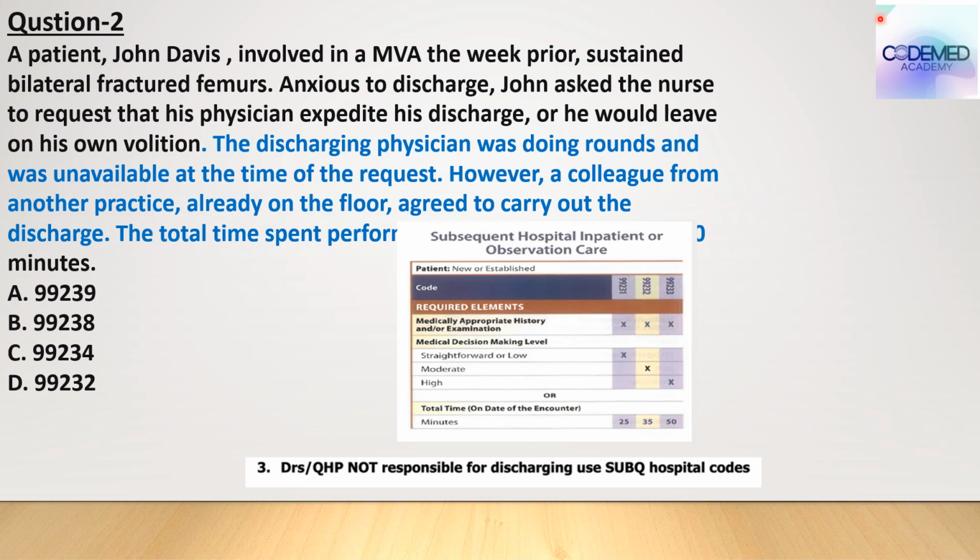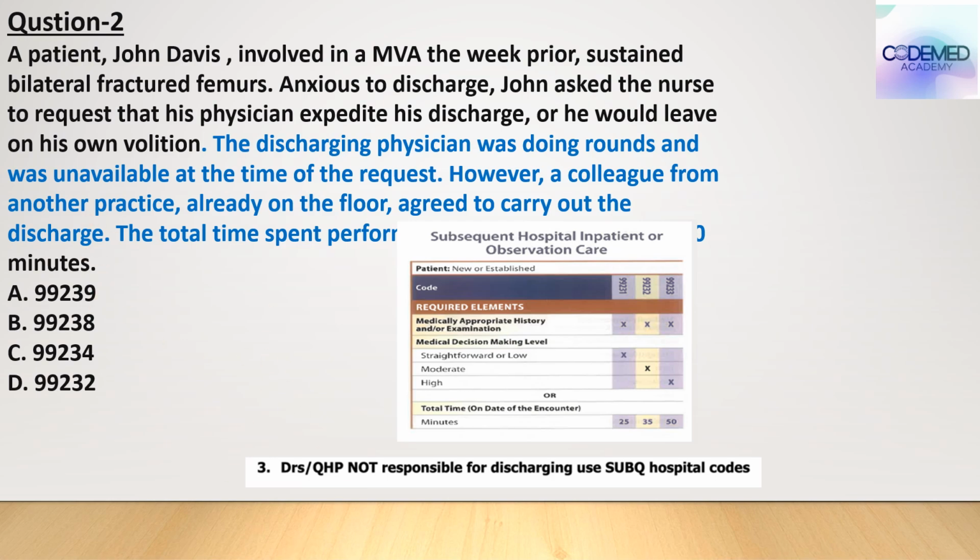Now, in this scenario, the discharging physician was doing rounds and was not available, and that doctor requested his colleague to carry out the discharge. So somebody else who is not actually responsible for the discharge has carried it out, because the regular doctor was busy somewhere else. That will give a clue, so we cannot write the discharge codes.